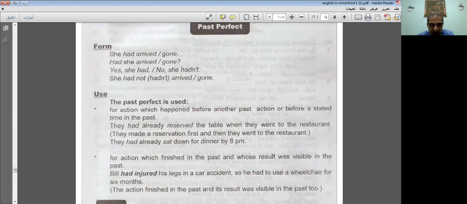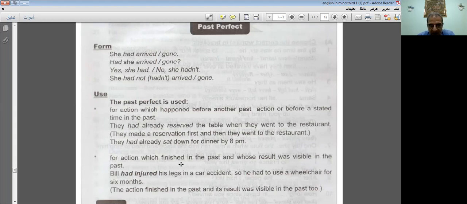They made the reservation first, and then they went to the restaurant. This is the first action, and that is the second action. They had already sat down for dinner by 8 p.m.